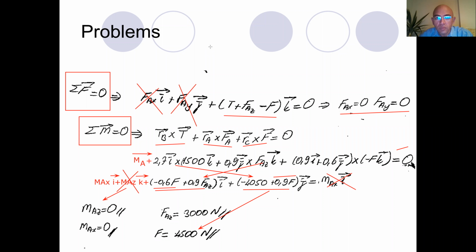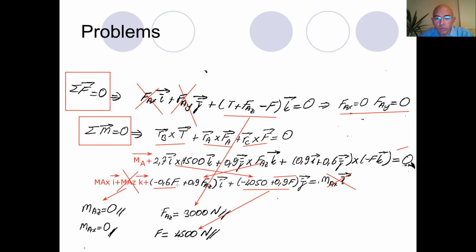So remember that T is 1,500, F is 4,500, and this has to be equal to 0. From here, Faz can be easily found as 3,000 newtons.